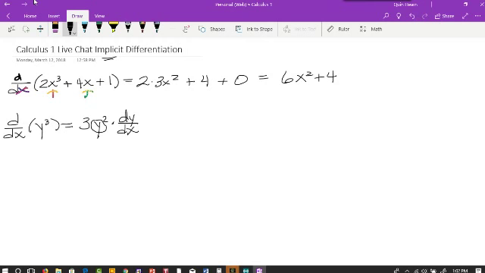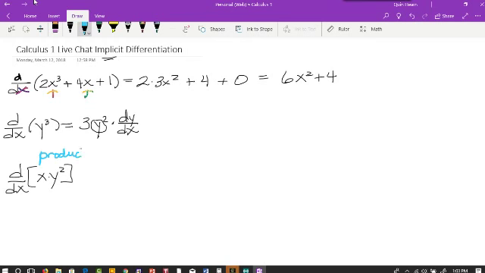Let's look at an example where we have both an x and a y in it. So what if I had to take the derivative with respect to x of the product x times y squared? Okay, so these are two different functions. x is being multiplied times y squared, so we're going to have to use the product rule.